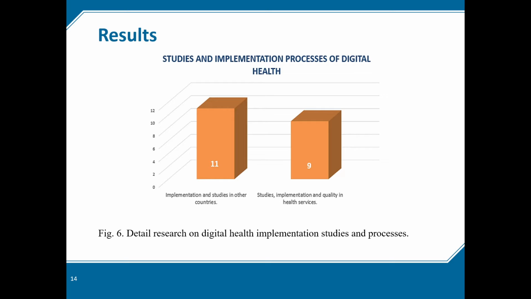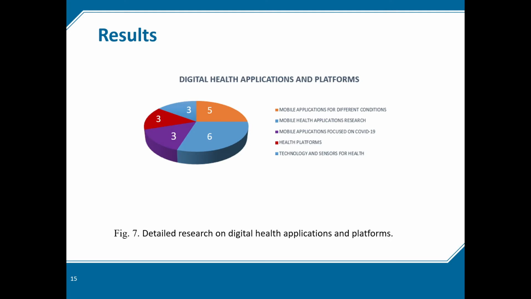The articles reviewed in this category are 11 referring to the implementation of digital health and studies that took place in other countries, and 9 articles referring to studies, implementation and quality in health services, as we can see in the graph. In this section, we can see the graph detailing the research on digital health applications and platforms.